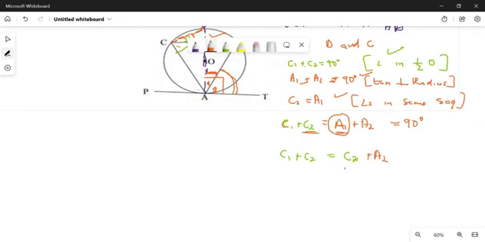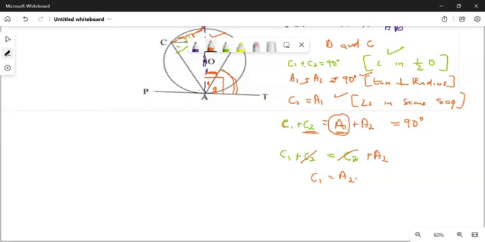In other words, C2 and C2 are going to cancel each other out. If we take this one to the other side, it becomes zero, which means C1 is equal to A2.